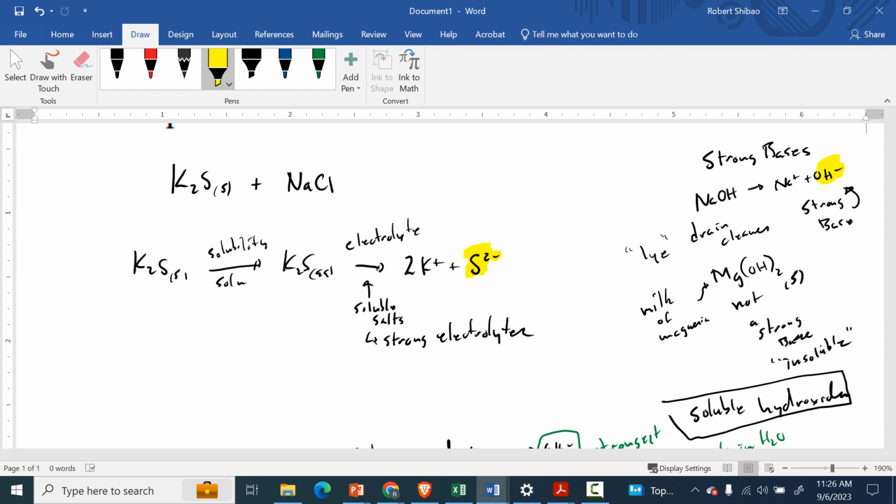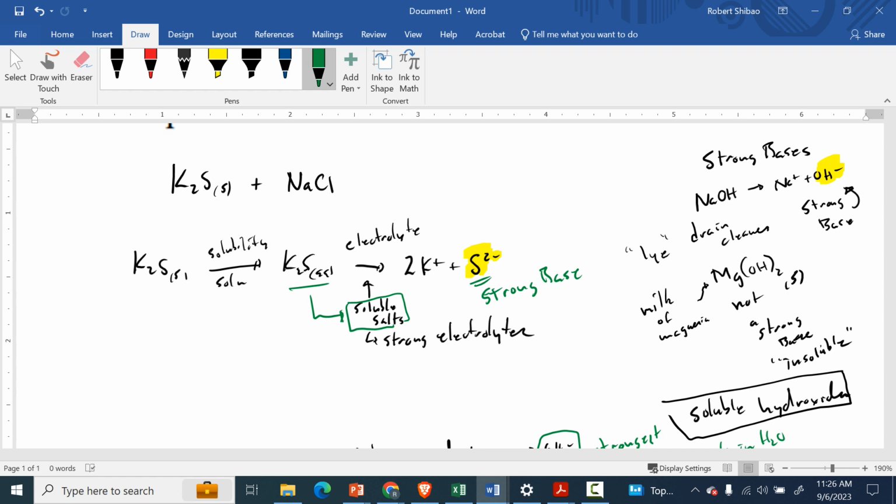So this is why when I look at K2S, K2S is a soluble salt. And then what I produce here is sulfide. Sulfide is a strong base. Now, do strong bases ionize, that is, break apart into ions? Well, what's sulfide going to break apart into?